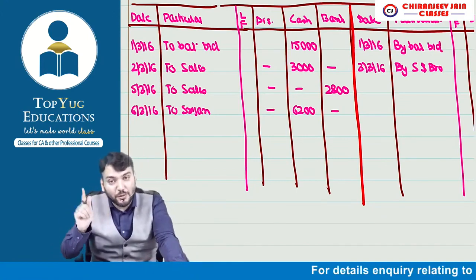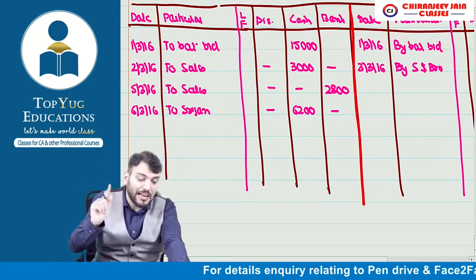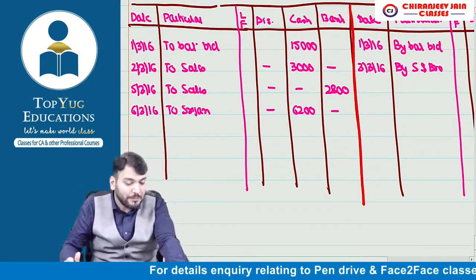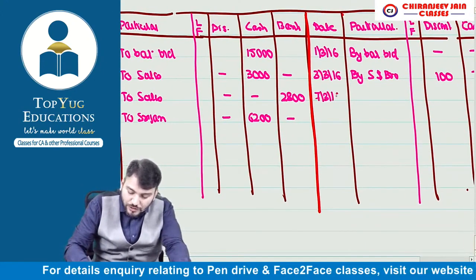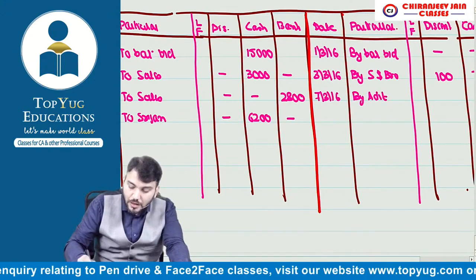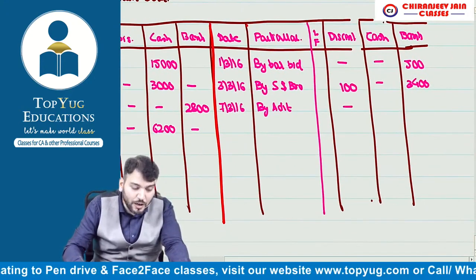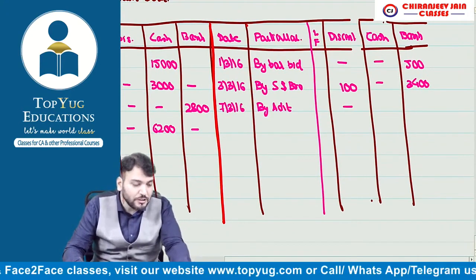So can I say it is endorsement of check? And endorsement of check means the journal entry: Adit account debit to check. Correct. So on 7 March 2016, we write on by Adit in cash column 6,200.